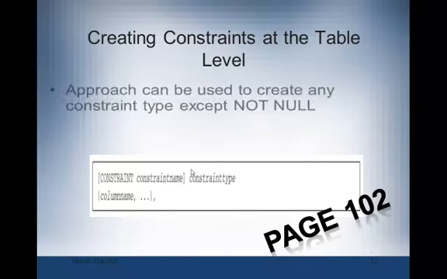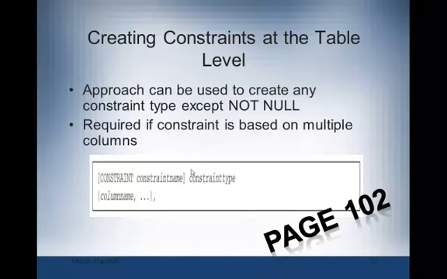Okay, creating constraints at the table level. This approach can be used to create any constraint except the not null. The not null has to be created at the column level. The table level creation is required if the constraint is based on multiple columns.